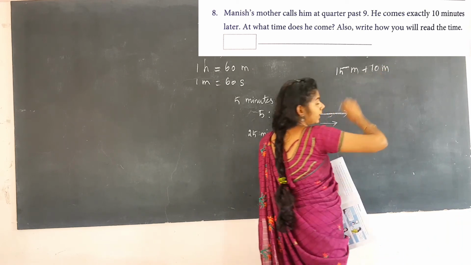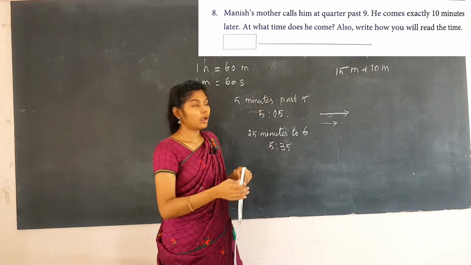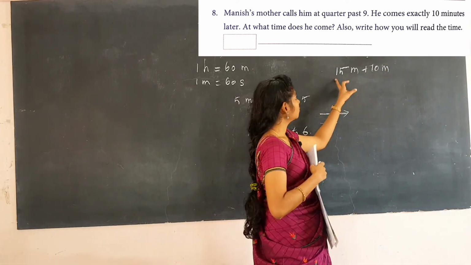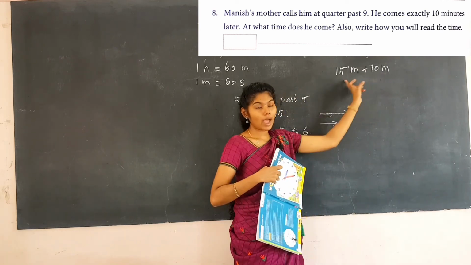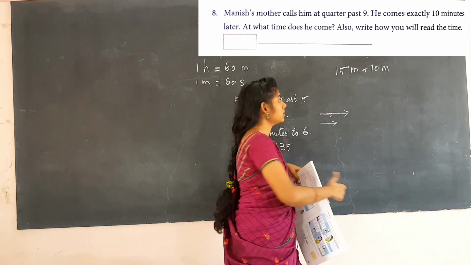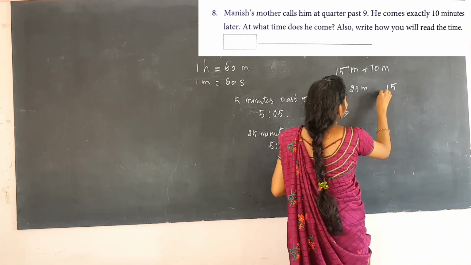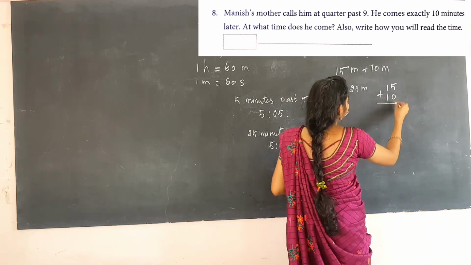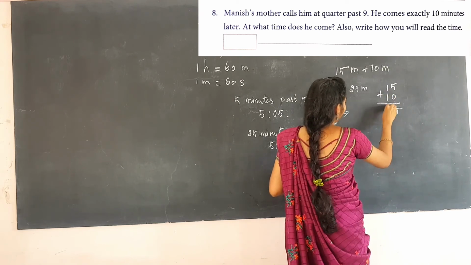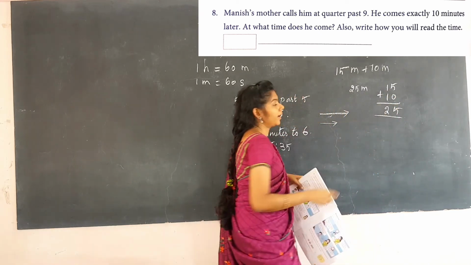So 15 plus 10. Adding these two, 5 plus 0 is 5, 1 plus 1 is 2. So this is 25 minutes.